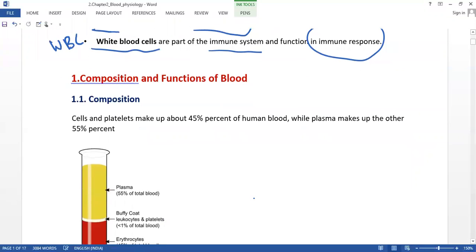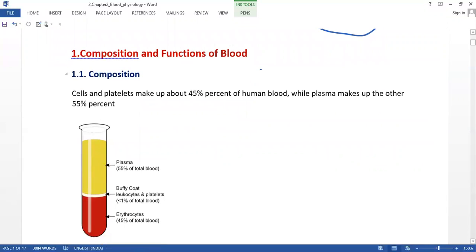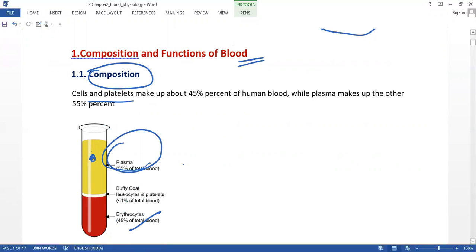And the next concept is the composition and function of the blood. Composition. Here the cells and the platelets together make up 45% of the human blood, while the plasma makes up the other 55%.